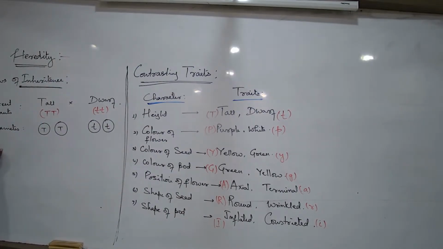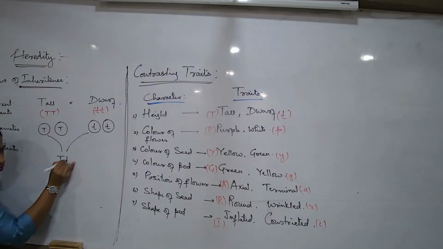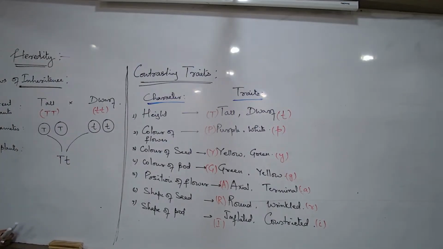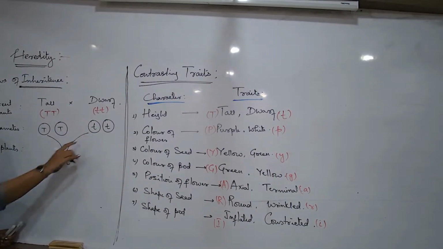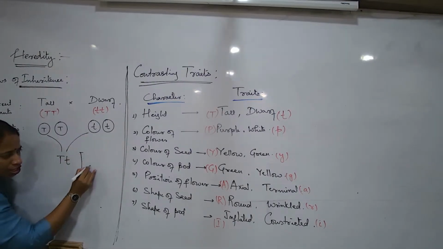Come to the F1 plants. F1 generation plants, मतलब first generation plants. How to get the first generation plants? Fertilization of this and this. I show only one set because it is the same for the other set also. Pair of chromosome क्या बनेगा this way? Yes, correct है ना? This chromosome coming together. मतलब what does this mean?